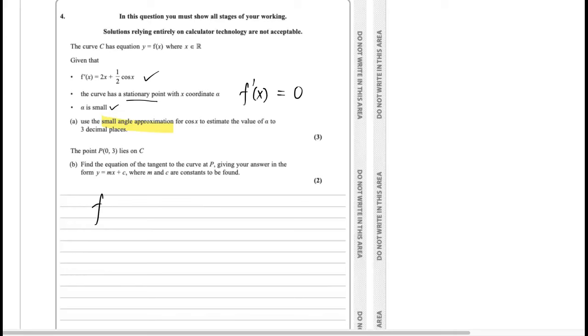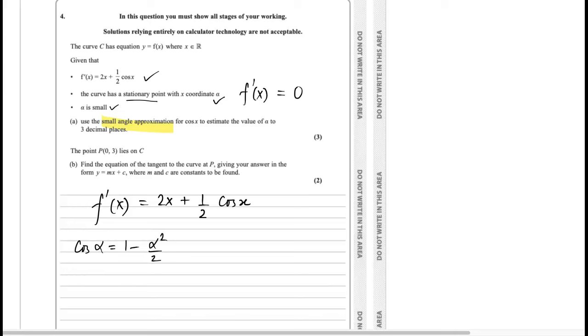So let's take f dash x, which is equal to 2x plus half cos x, equal to 0 given that x is alpha. If you know the small angle approximation, cos x or cos alpha is nothing but 1 minus alpha squared over 2, right?